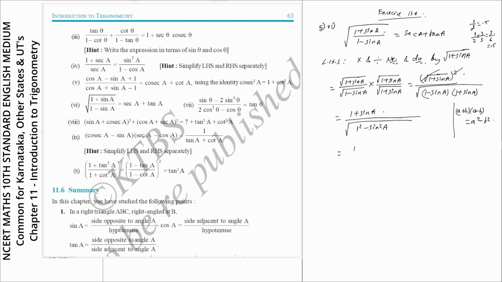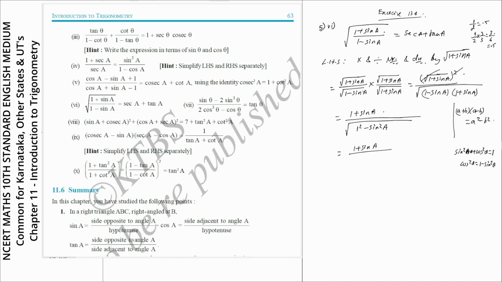We know the identity sin square theta plus cos square theta is equal to 1, or cos square theta is equal to 1 minus sin square theta.